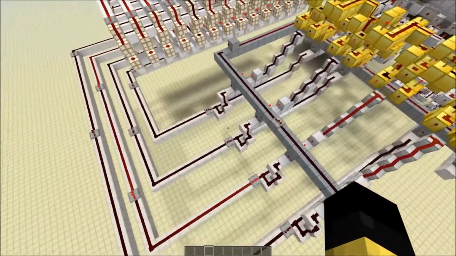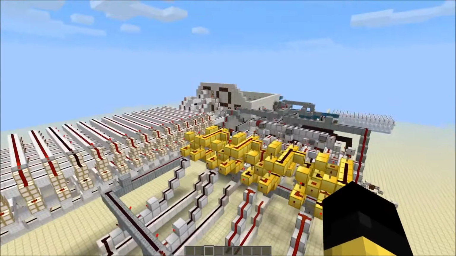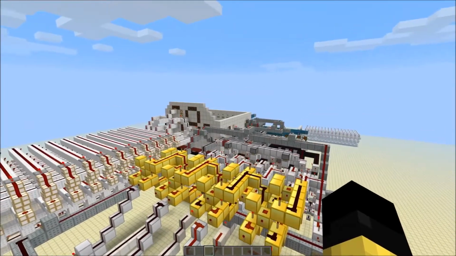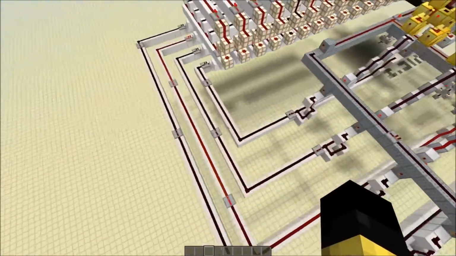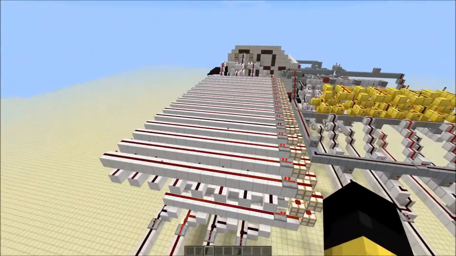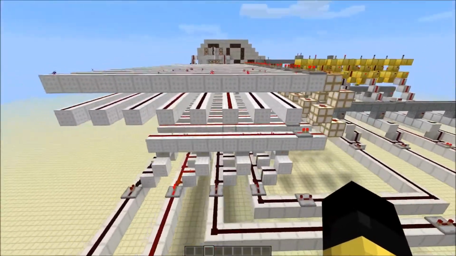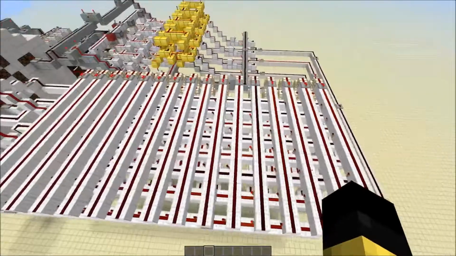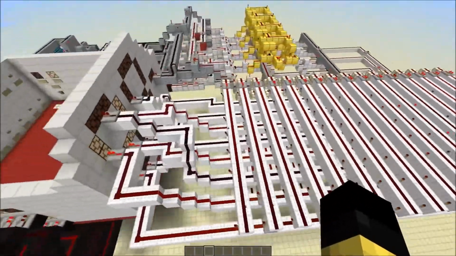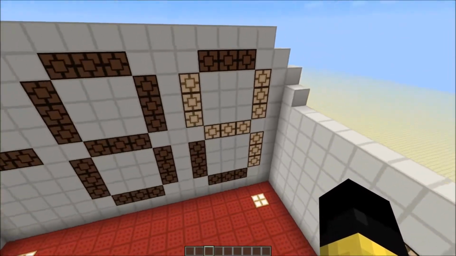Now the output from both adders can be selected using the function key, the subtract or add. And then the resulting 4-bit signal goes into this giant binary converter, which converts it to one of 16 states, 16 rows here. And these 16 rows operate the segments in the display.